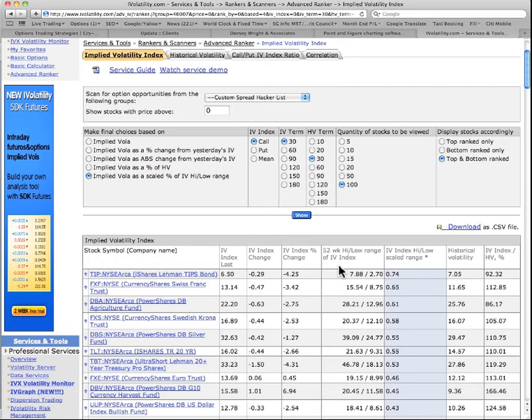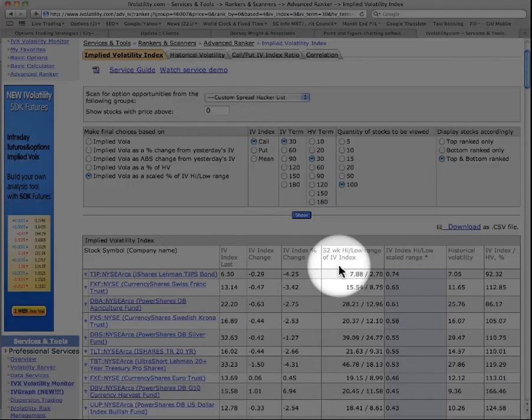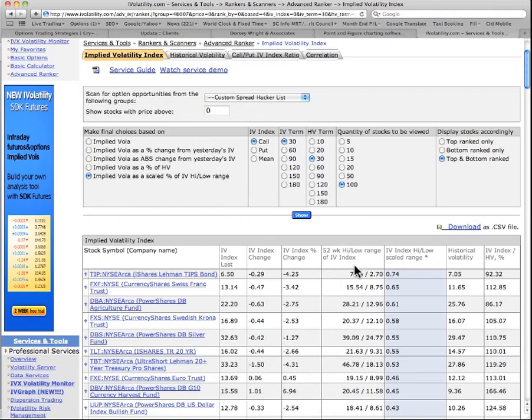The second input is I volatility. I volatility's advanced ranker allows for robust mean reversion analytics, which measures implied volatility by dividing it against its 52-week high-low range.